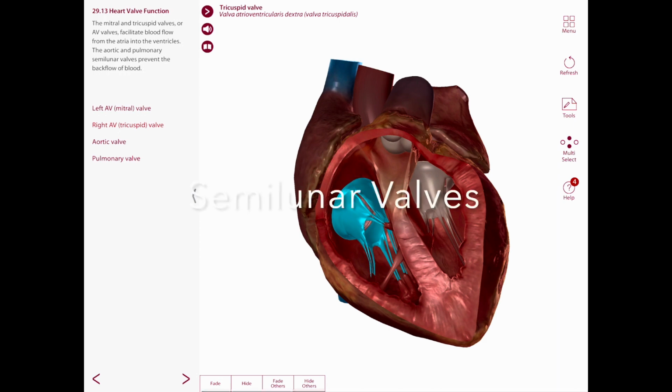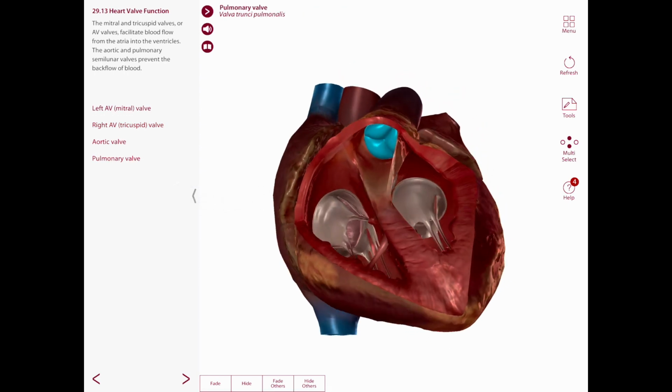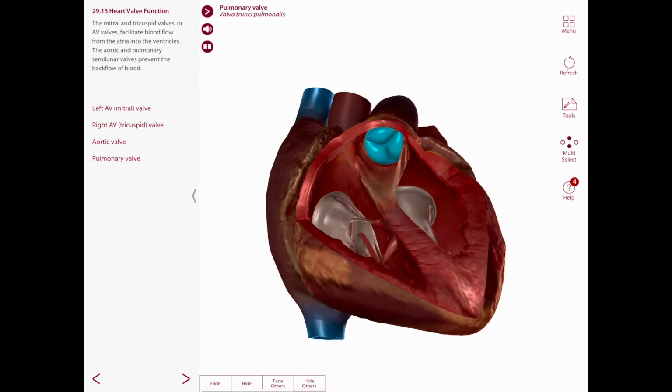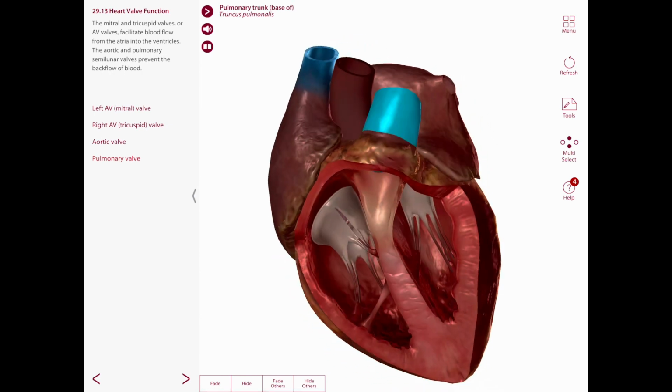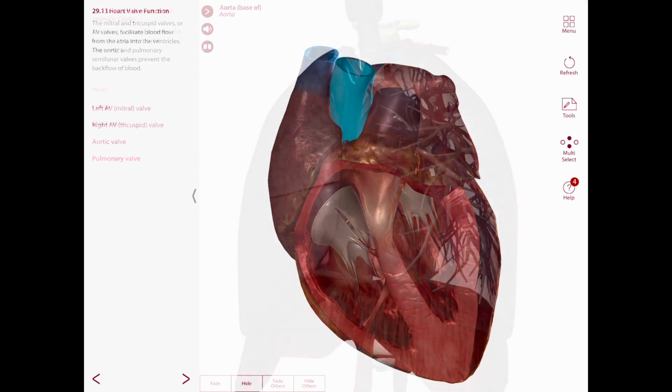Now the aortic and pulmonary valves, both of them are semilunar valves, and they prevent the backflow of blood from these great vessels, such as the pulmonary trunk and the aorta.